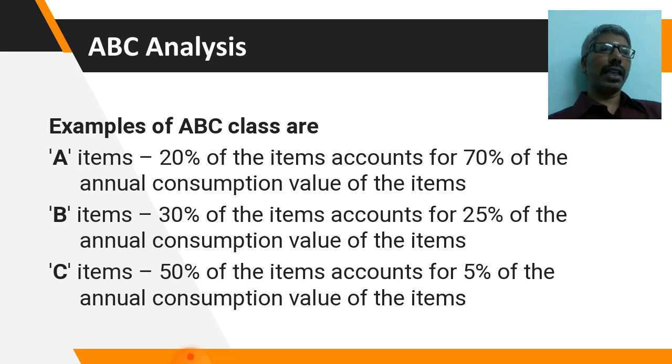If you categorize like this, we can know the items having a greater value have at the same time a lesser quantity.